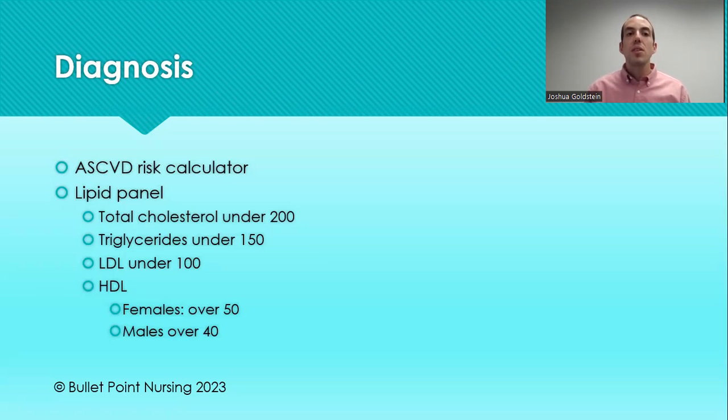So first of all, we have to understand, what is cholesterol? Cholesterol is something that is used by our cells, and most of the cholesterol that we're going to discuss for our purposes is going to be attached to either LDL, low density lipoprotein, or HDL, high density lipoprotein. In the normal course of events, these cholesterols are produced in the liver, and then they are taken to the cells to be used.